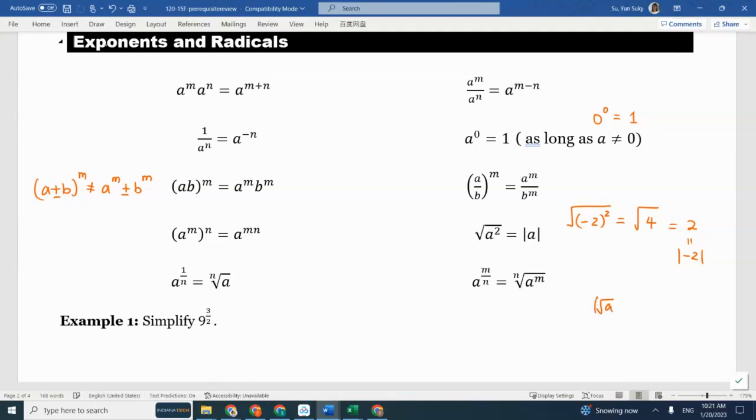How about square root of a squared? What's this thing? Well, you get a. But do you remember when we talked about square roots? For a square root, we require that the things inside the square root must be greater or equal to 0.